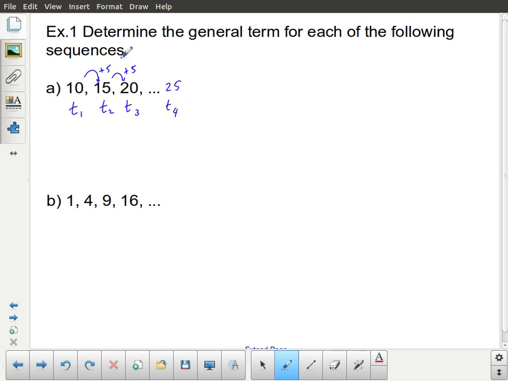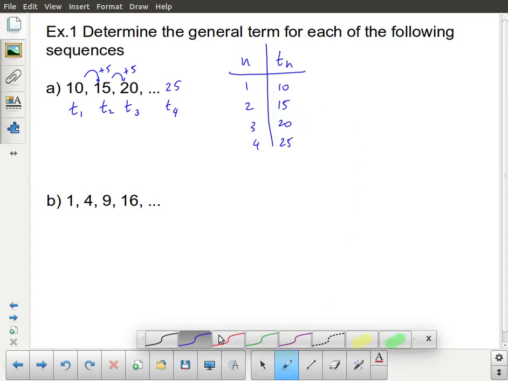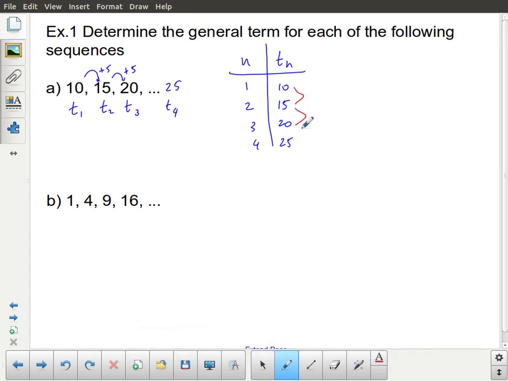So now let's do something that I just showed you. For n and Tn, when n is equal to 1, I've got 10. 2, I have 15. 3, I have 20. 4, I have 25. Let's take a look at those first differences. 15 minus 10 is 5, 20 minus 15 is 5, 25 minus 20 is 5.